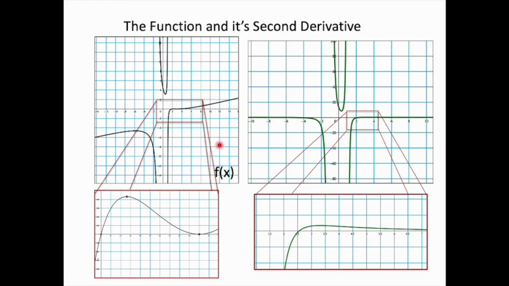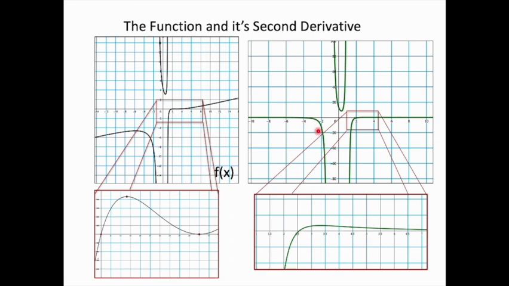Looking at where the second derivative is above and below the x-axis, that's where you can see whether it's concave up or concave down. This piece right here is positive, so on the graph over here, that's where it's going to be concave up.